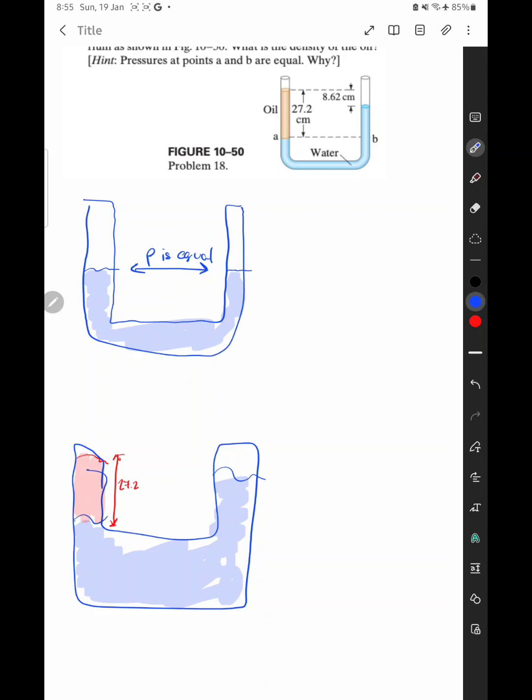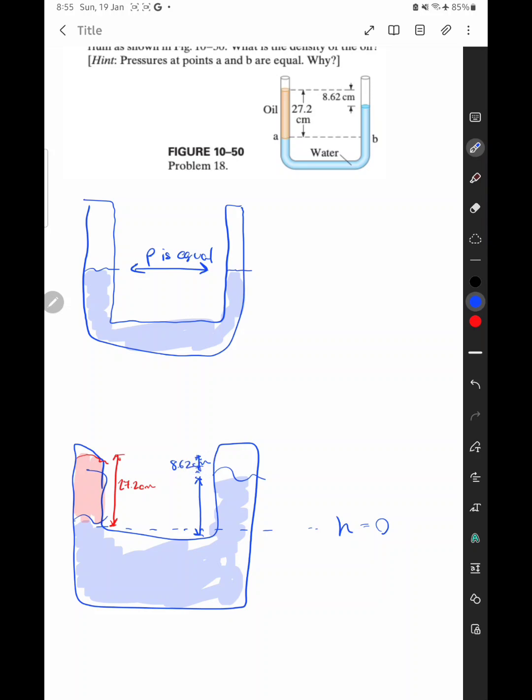The height of the water to the same height here, which we'll call h equals 0. There's a height difference of 8.62 centimeters. Always include the units, centimeters.